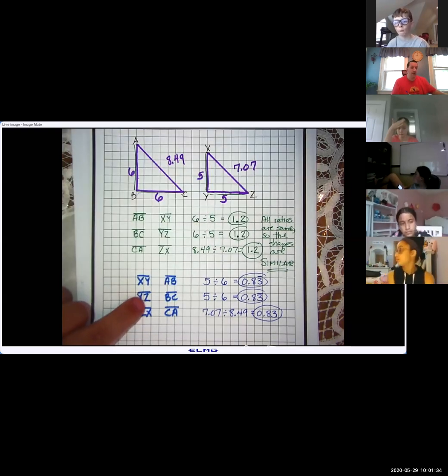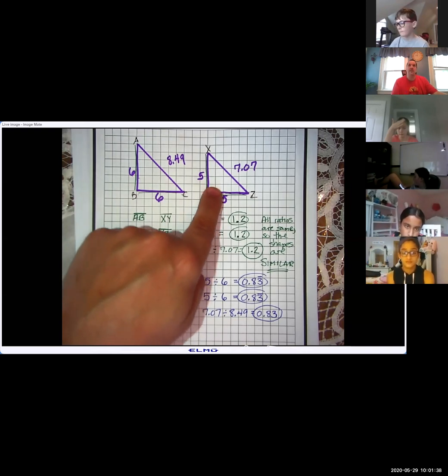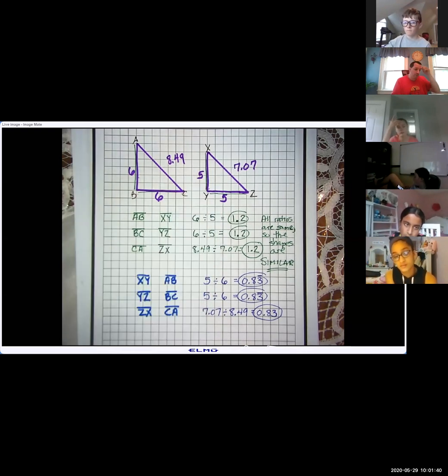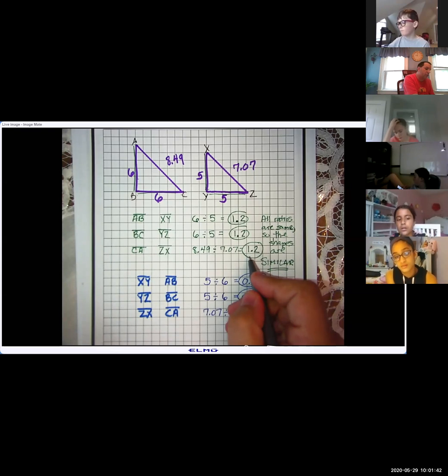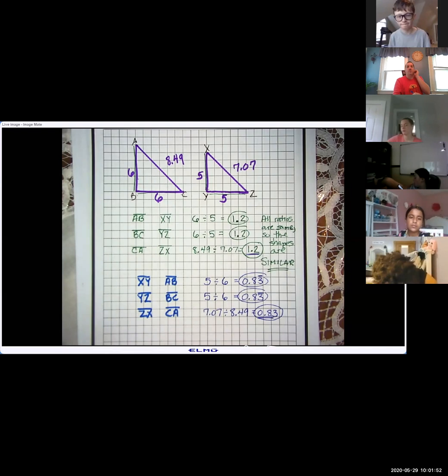On the blue one, we compared this shape to this shape, and this one is smaller. See how these numbers are greater than 1? That means the shape that we're starting with is bigger. These numbers are smaller. That means the shape that we're starting with is smaller.